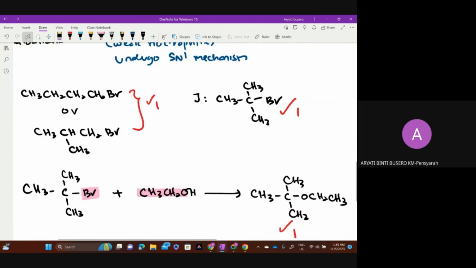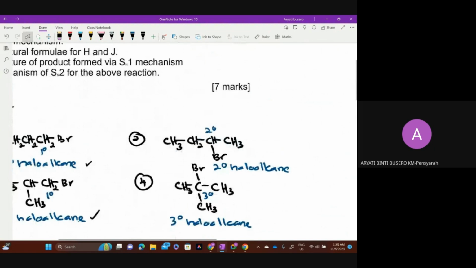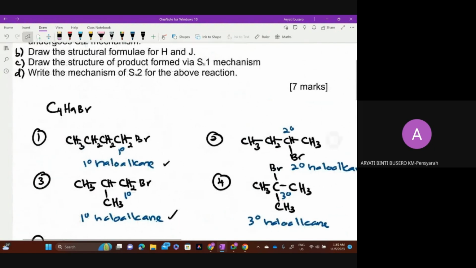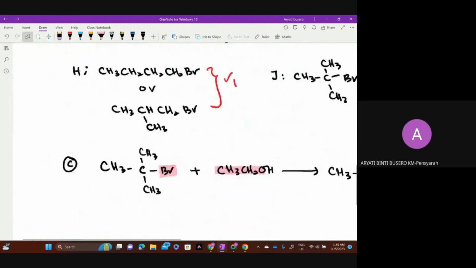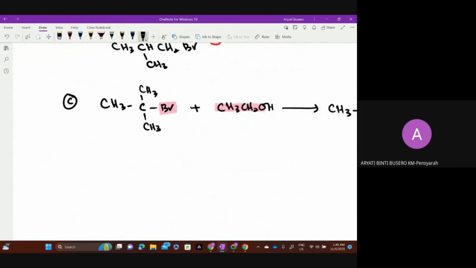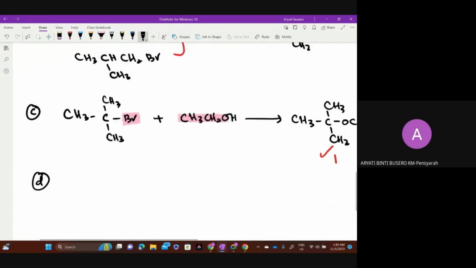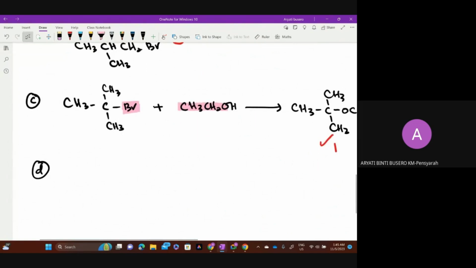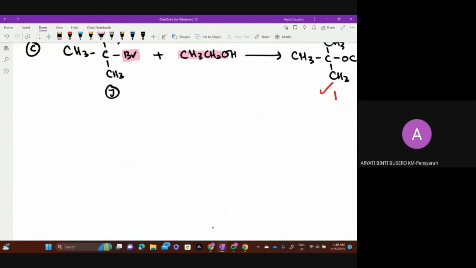Okay. Next is the last question is write the mechanism SN2 for the above reaction. Okay, write the mechanism of SN2 for the above reaction. So tindak balas SN2 ialah antara H dengan NaOH.